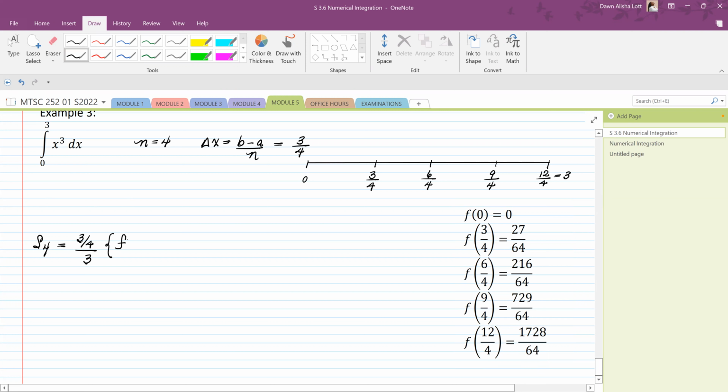We're going to get f of 0 plus 4 times f of 3/4 plus 2 times f of 6/4 plus 4 times f of 9/4 plus 1 times f of 12/4. I'll give you a minute to catch up on that.